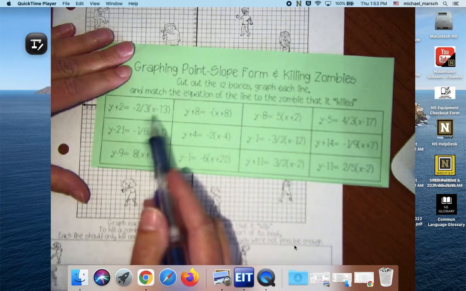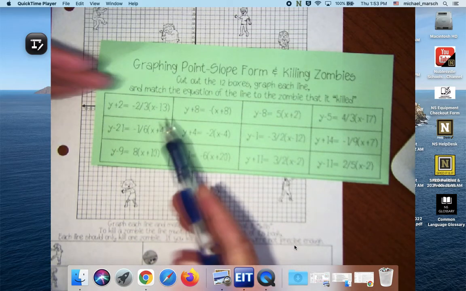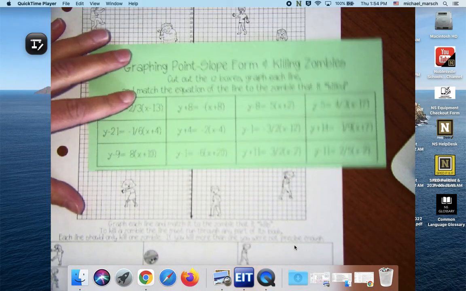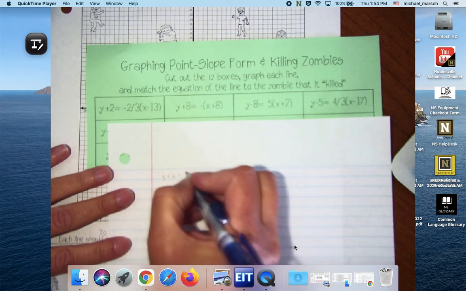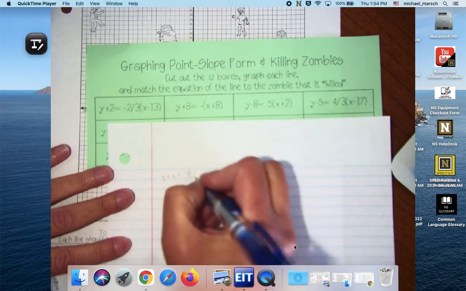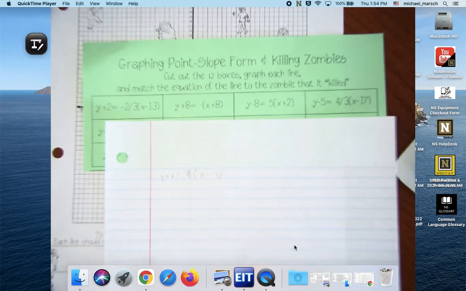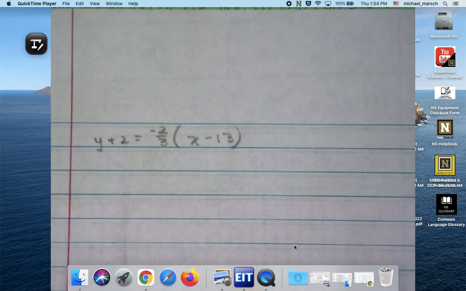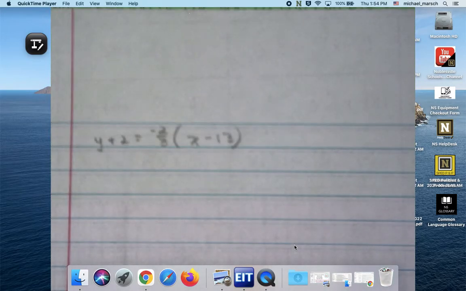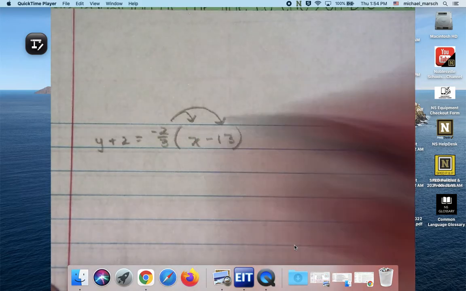I'm just going to do the top left corner, because to me that would logically be the first one. So I've got y plus 2 equals negative 2/3 times the quantity x minus 13. The first thing I'm going to do is distribute the negative 2/3.